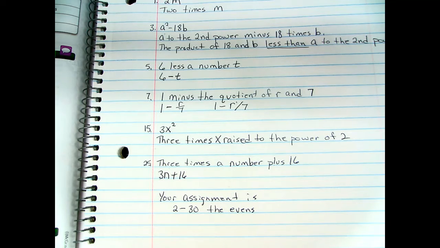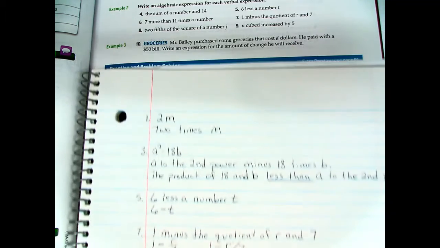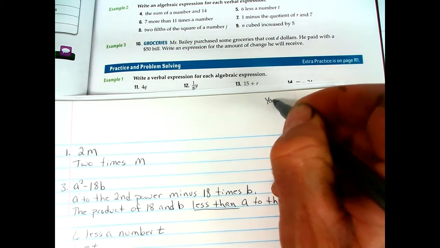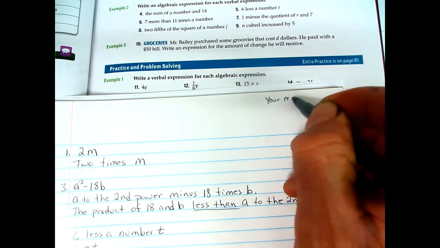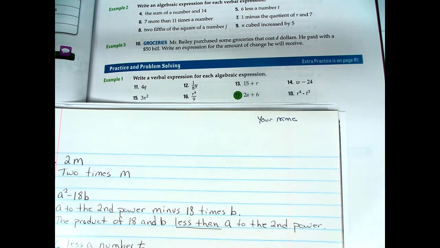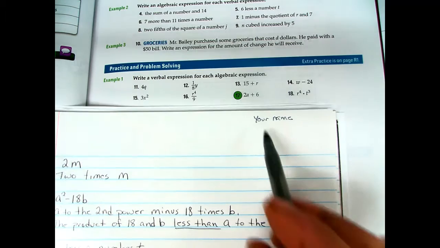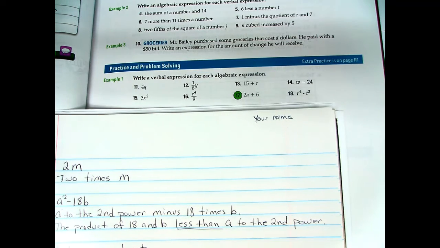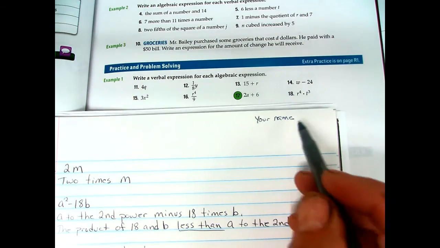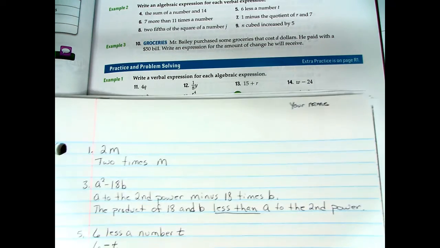That's your assignment. This is how I want your paper to look, with your name right here at the top right-hand corner. Your name. Don't write your name. Write the name that your mom and dad call you, your first name and your last name. And that's it.